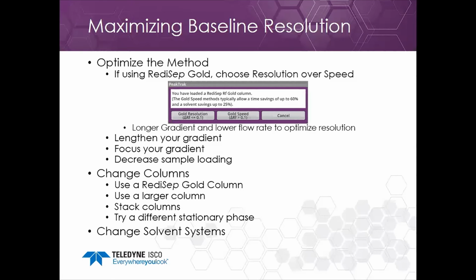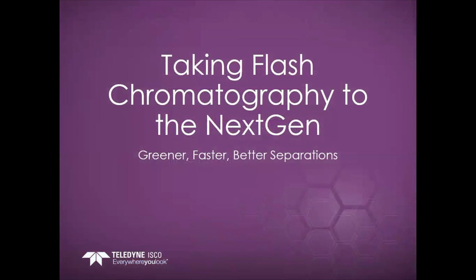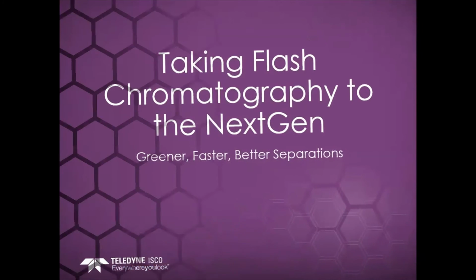Making changes in the solvent system can have great effects on the selectivity and retention of your compounds. So we're going to show some examples using our new Flash NextGen 300 Plus system of how we made greener, faster, better separations.